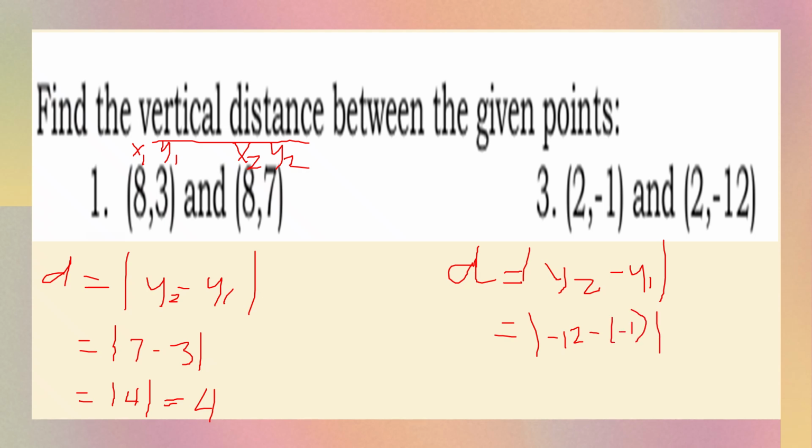So we have the absolute value of negative 12 plus 1. Okay, so that is equal to the absolute value of negative 11. Because negative 12 plus 1 is negative 11, or simply the distance is 11 units. Okay, 11 units. Next, let's move on.